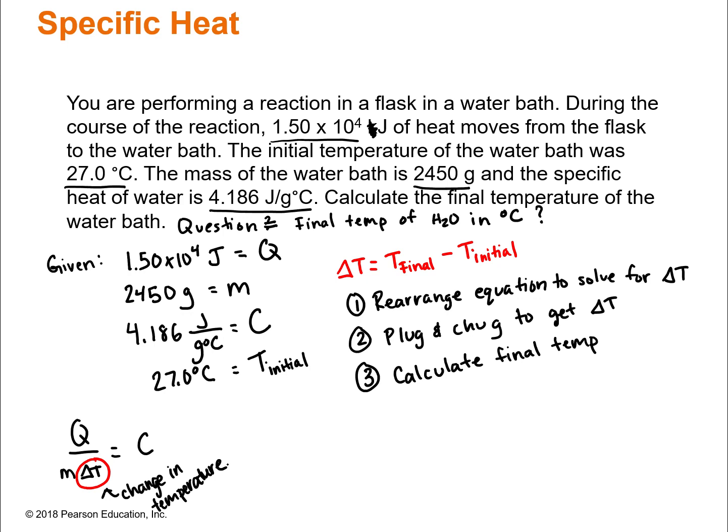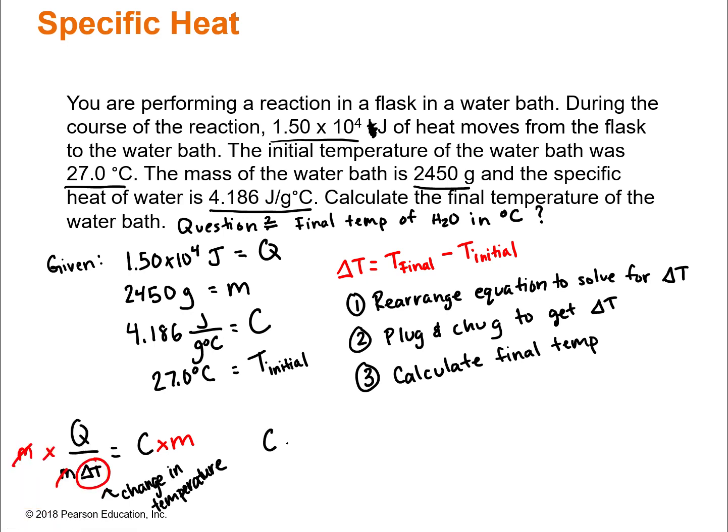To rearrange the equation, the first thing we're going to do is multiply both sides by m. That's our mass. We'll get rid of the mass on one side, and then we'll add mass to the other.